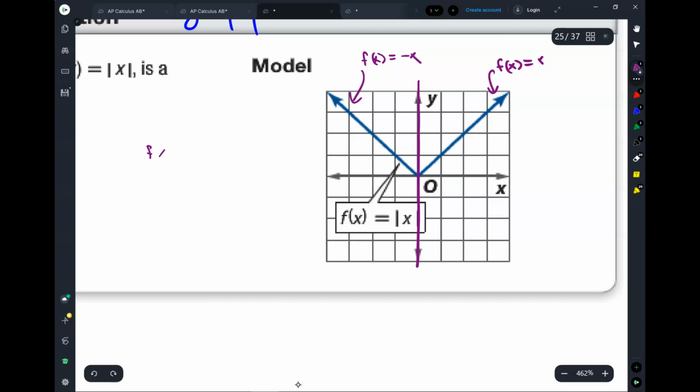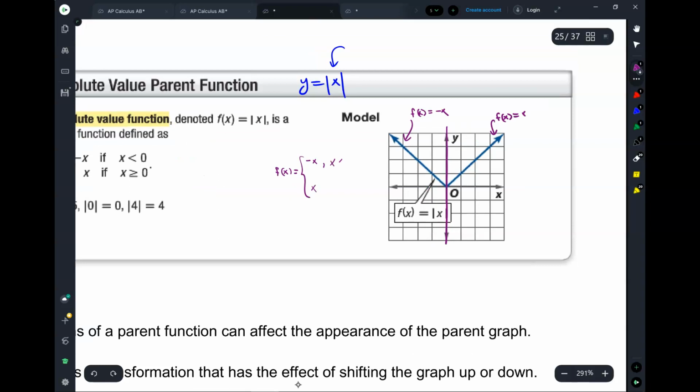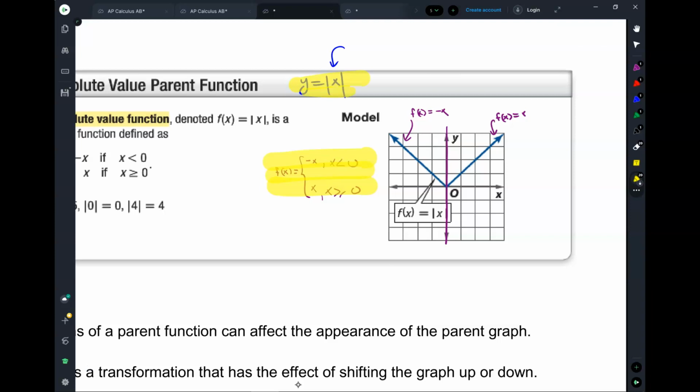So I can easily write a function that's negative x on one side, positive x on the other side, right? X is less than 0, x is greater than or equal to 0. Look at that. You have two different interpretations of the same function.